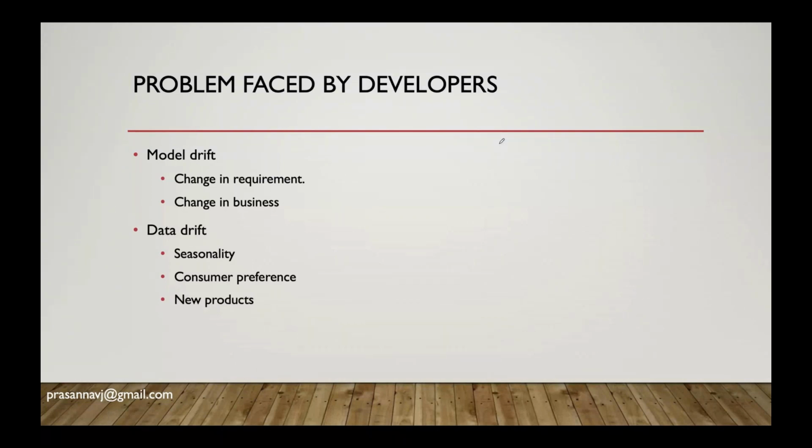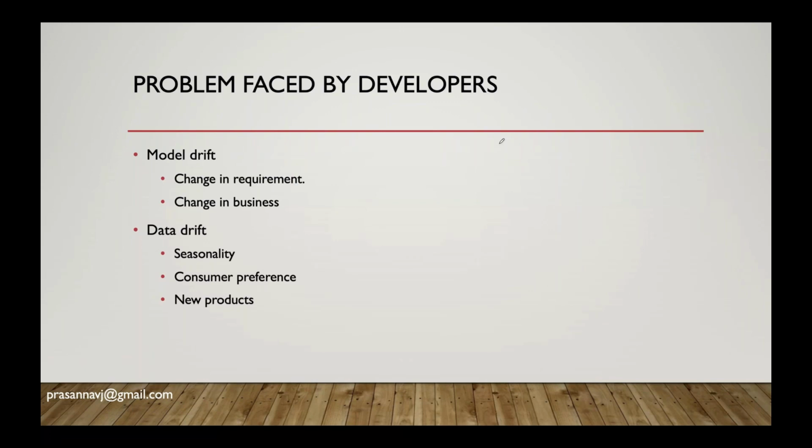Because there is a change in the business requirement, the kind of data that is being fed into the model is completely changed. The way in which it is going to give a response is going to completely change. In that case, you may have to take out your model and build a new version of your model, and have it deployed to your production.